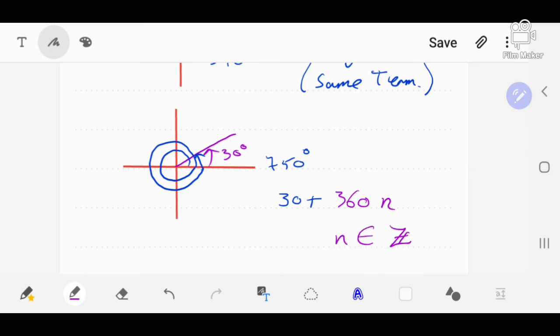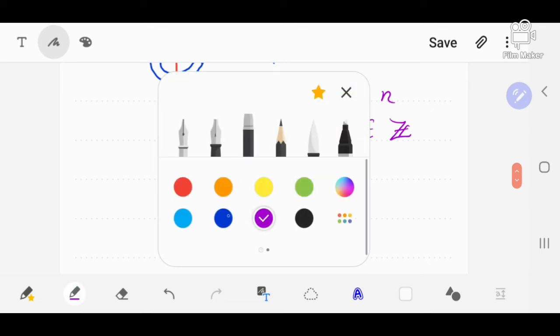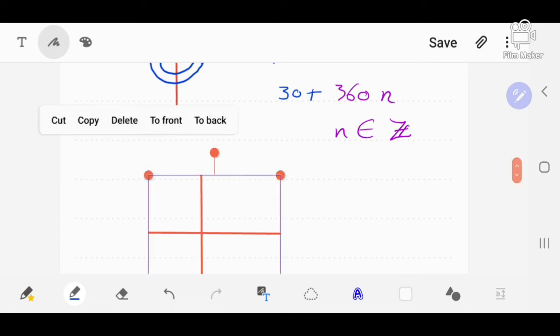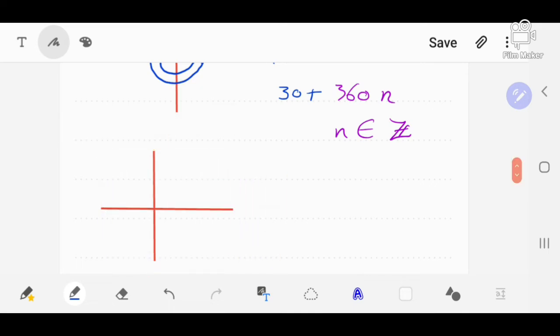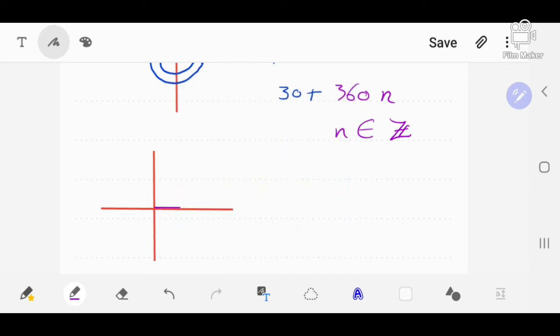Okay, what about the negative? Is it possible to get negative coterminals? Of course, it should be the same thing. Let's do an example with negative coterminals. So let's say this is positive 30. The first negative coterminal is easy to find. We have to go clockwise until we reach here.